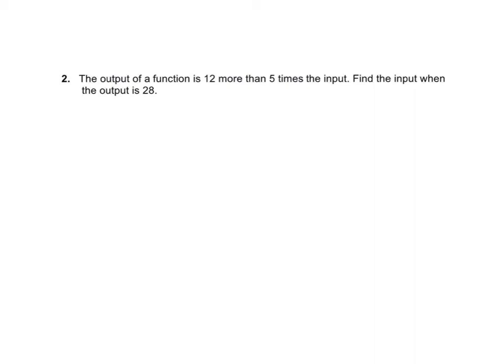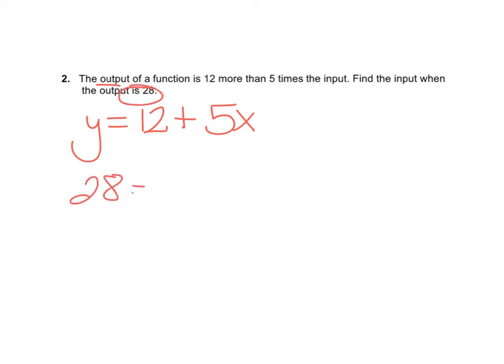All right, let's try another one. The output of the function, which is y, is equal to 12 more than 5 times the input. Find the input when the output is 28. So again, our output is 28. It's going to be equal to 12 plus 5x. So I want to undo my addition and subtraction first, and this is a positive 12, so I'm going to undo it by subtracting 12.